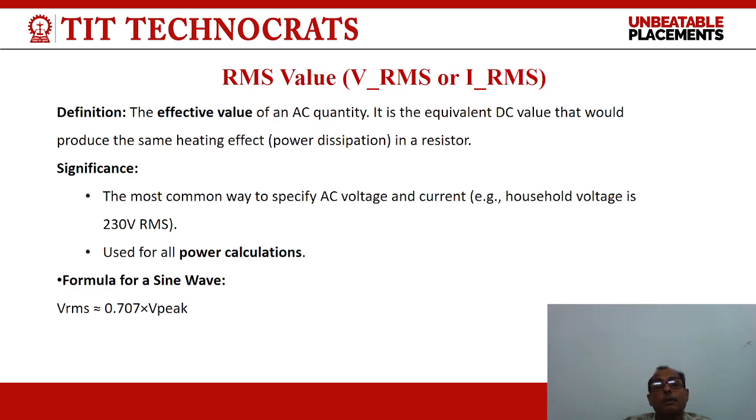The most common way to specify AC voltage is 230 volt RMS. It is used for all the power calculations. The formula for sine wave is RMS value is equal to 0.707 multiplied by peak value. For voltage, it will be VRMS is equal to 0.707 into V peak value.